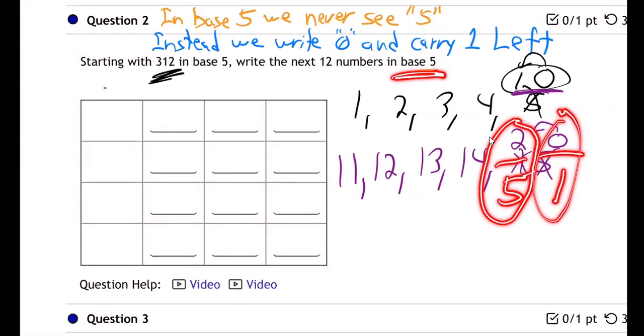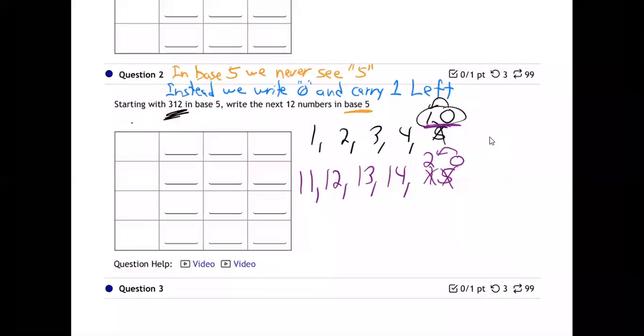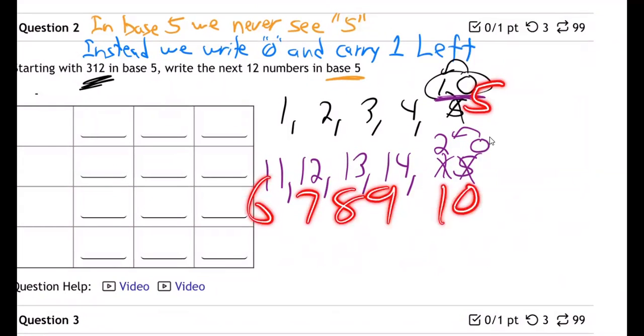Is that what the number should be? Yeah, because this is really 5, this is really 6, 7, 8, 9, 10. That is the 10th number. It makes sense that that's a 10. 2, 0 base 5 really is a 10, isn't it?